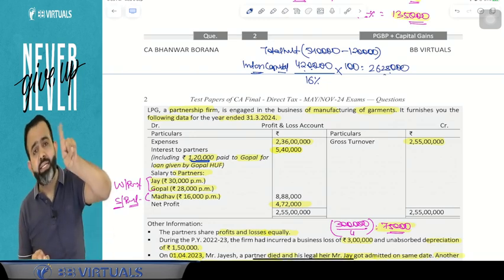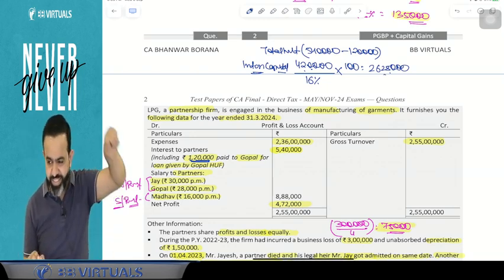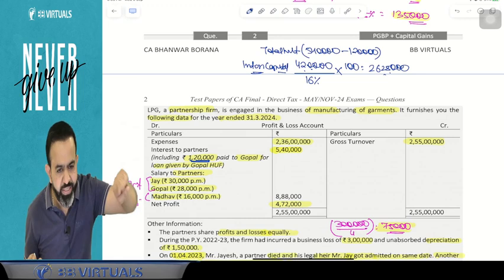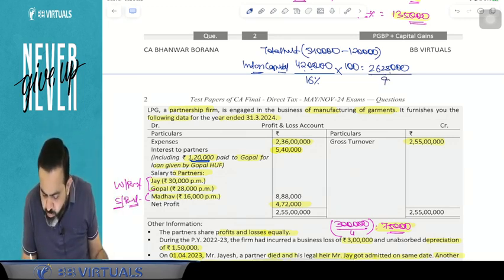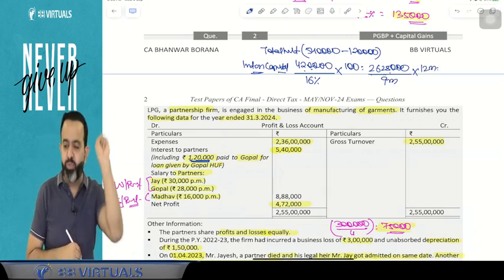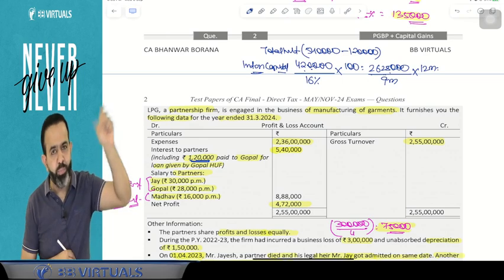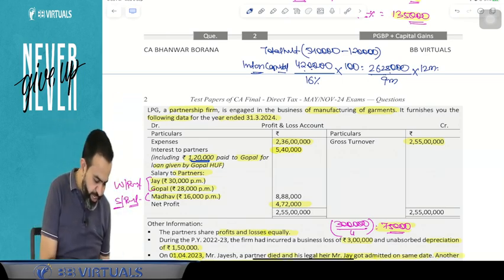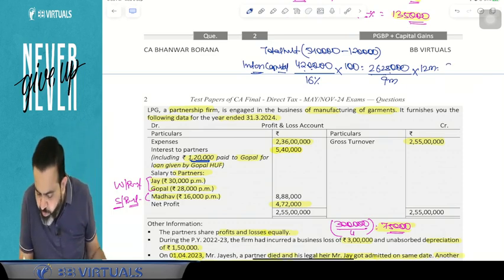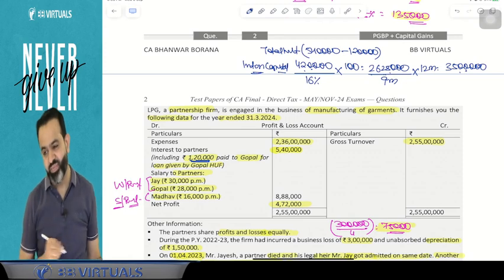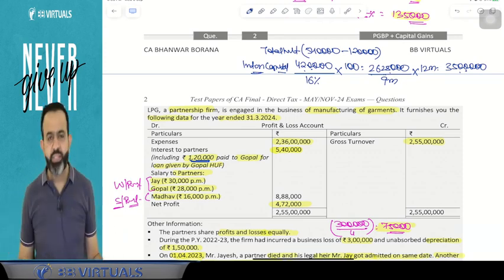But this interest is for 9 months. So what can be the capital for 12 months? Divide by 9, multiply by 12, and it comes to 35 lakh rupees. So 35 lakh rupees is your capital.